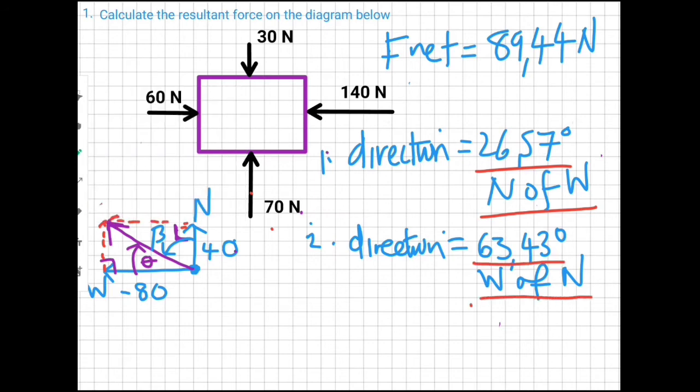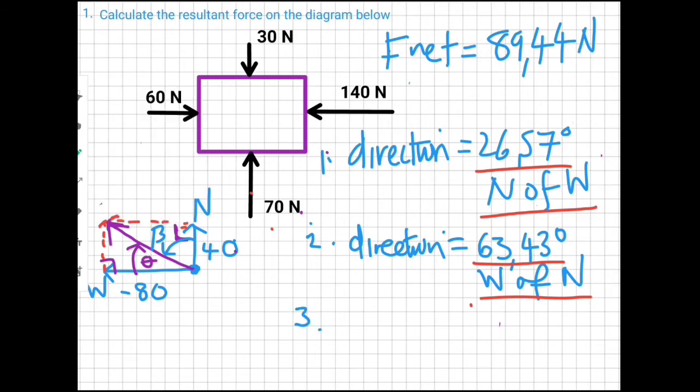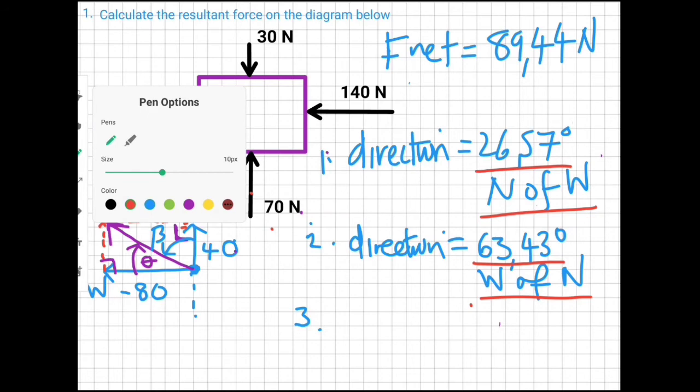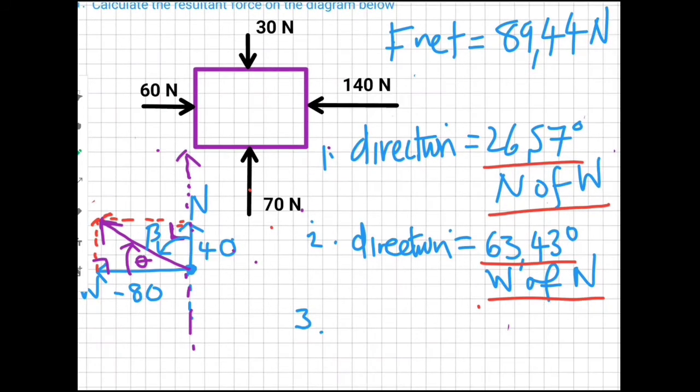Or you could also use a bearing method. To use the bearing method, remember we always say start from the north, which you make 0 degrees. So what's happening in this diagram, you have your resultant vector going like that, and we've calculated this angle theta.